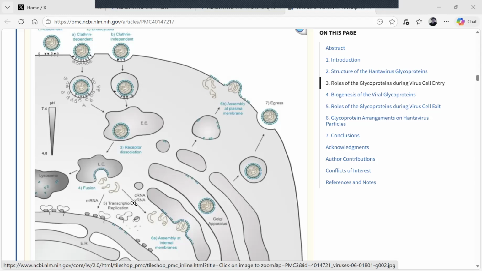Now there's two paths. One path, it uses its RDRP to turn into messenger RNA. And that messenger RNA will end up docking with the ribosomes that are on the endoplasmic reticulum to produce proteins for the hantavirus.